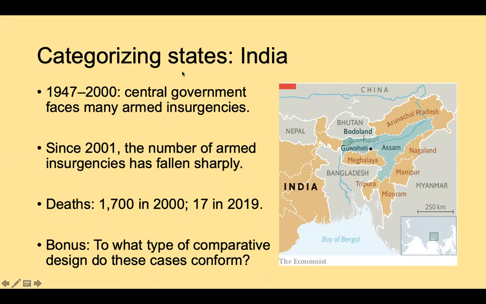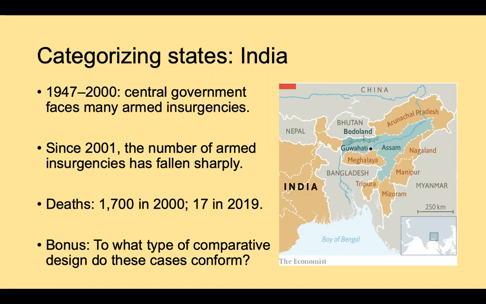If we're comparing these two time periods as cases, would we use the method of agreement? Oh, so Nina says most similar systems design as the cases have similar traits but different outcomes. Nina is correct. It's a most similar systems design. And in fact, it's kind of the ideal most similar systems design because the cases have very, very similar traits.